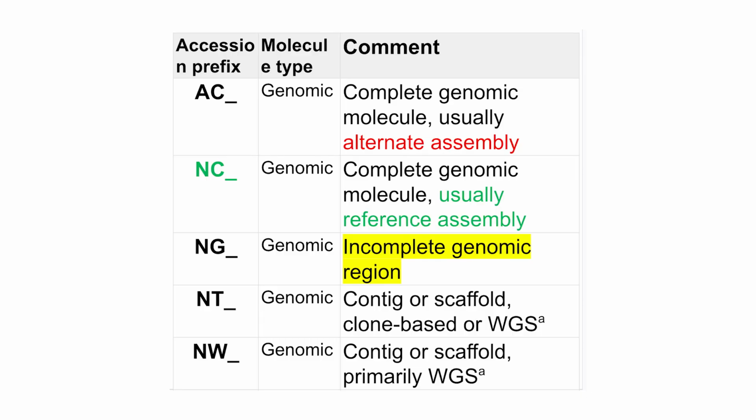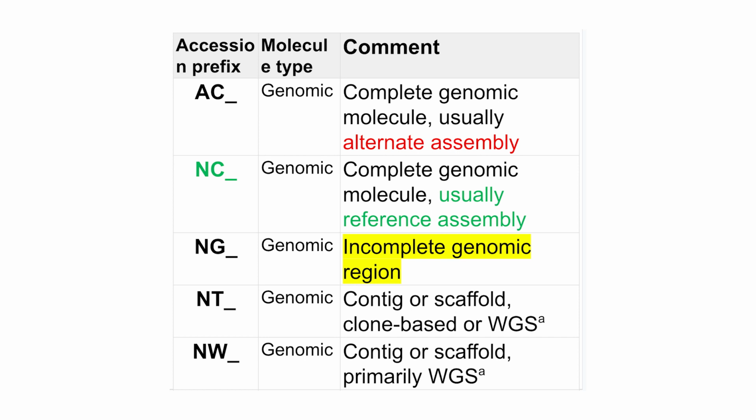When we are using NCBI databases, different types of accession indications or prefixes are used. One has to know what these accession prefixes indicate. For example, the accession prefix AC indicates complete genomic molecules, usually alternate assembly.